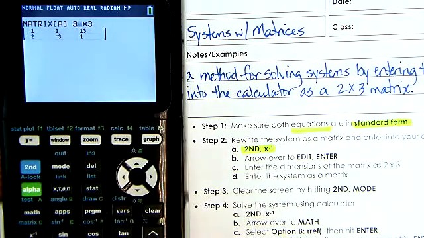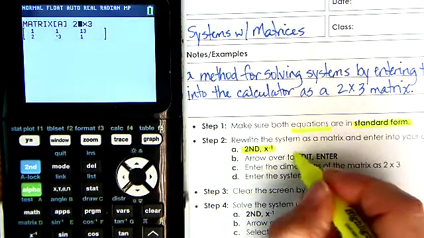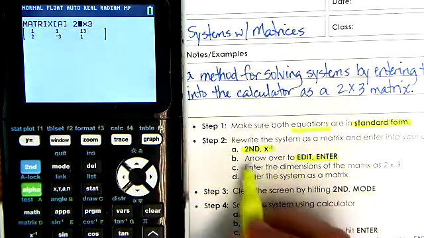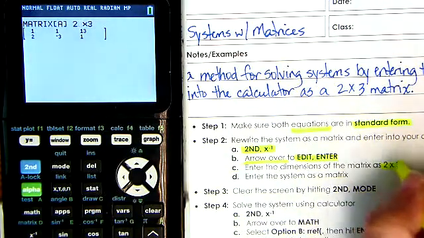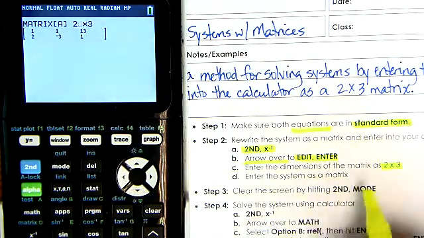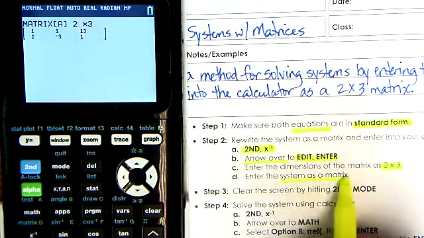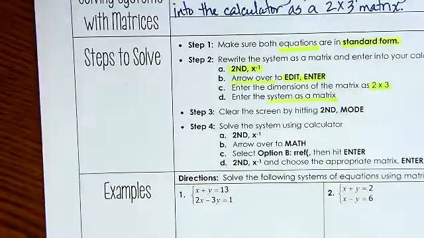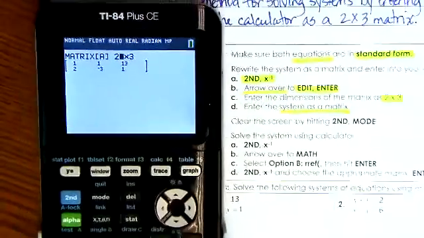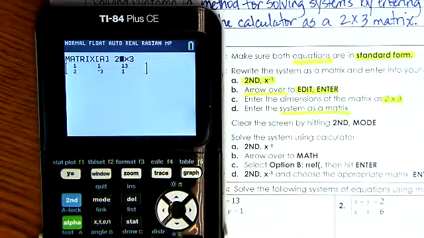I can do 3s, but I want this to be a 2 by 3. So we go to edit, enter, you arrow over, enter the dimensions of the matrix as a 2 by 3, and then we enter the system, what we write, okay? Enter the system as a matrix. We'll go through those as we work, okay?